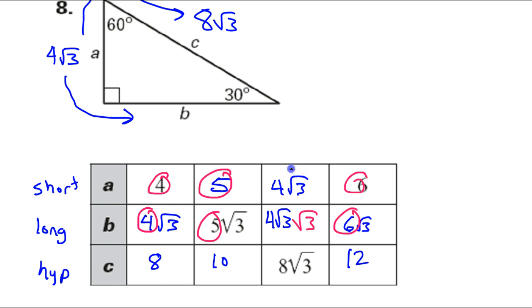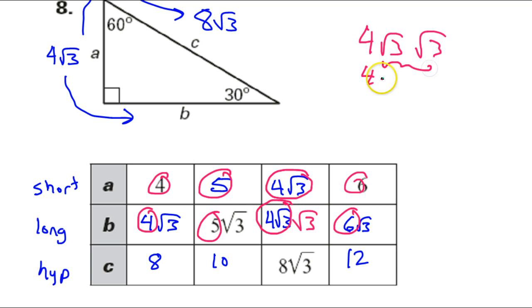So here we have 4 radical 3, and then we have 4 radical 3 times radical 3. Whatever you have, you write that down and then multiply it by radical 3. But like we discussed on the other page, 4 radical 3 times radical 3 is really just 4 times 3, which is 12.